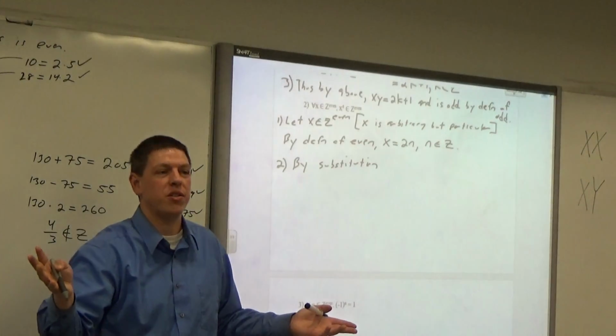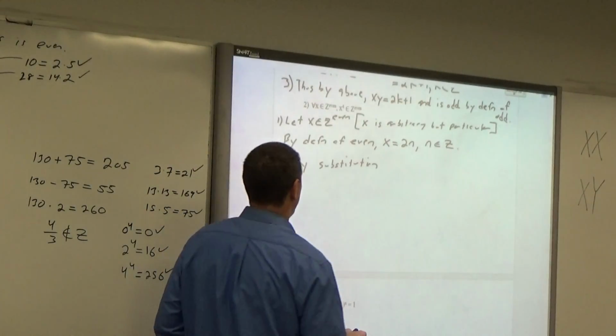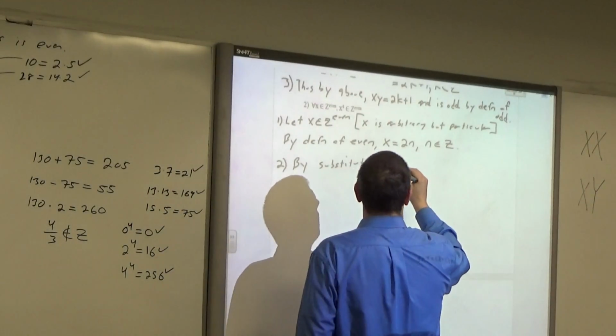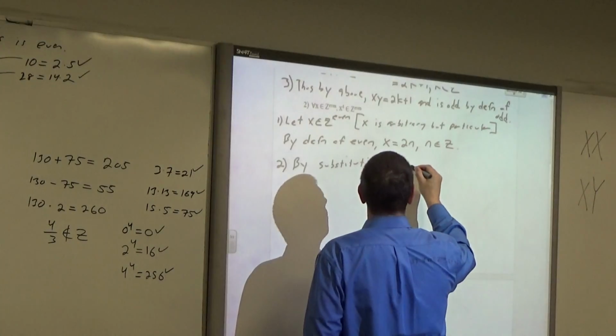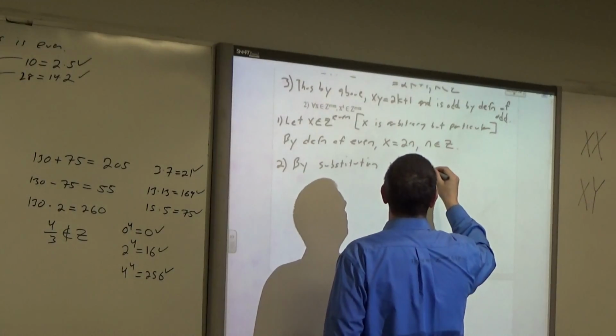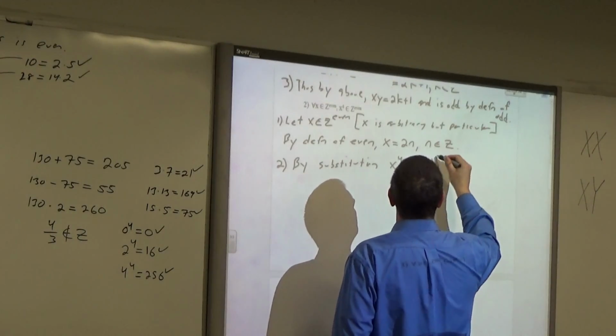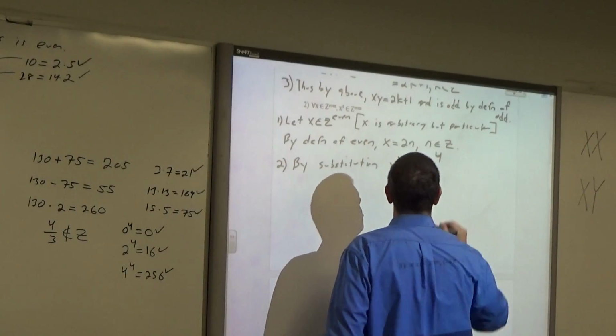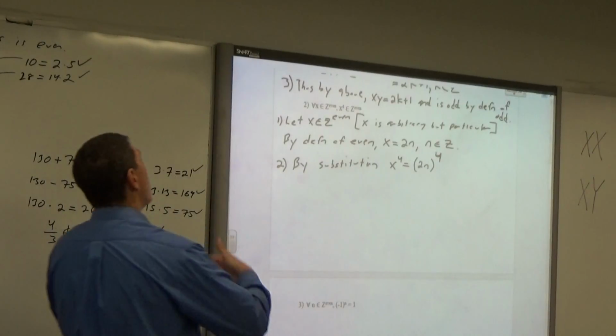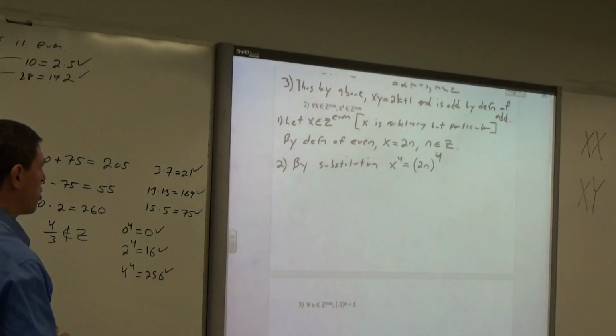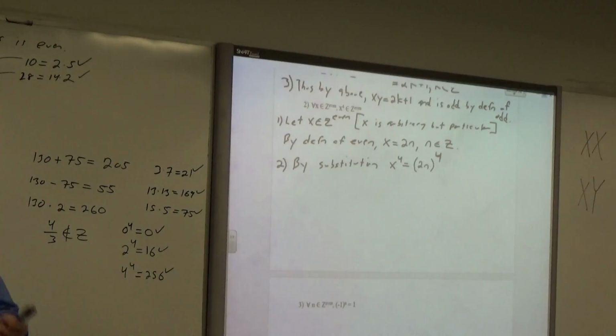Because we already know what x is, 2n. So we're going to say x to the 4th is equal to the quantity 2n to the 4th. We are substituting into x, and we're substituting into the statement x to the 4th power, because that's what we're trying to operate on. Does that make sense so far?